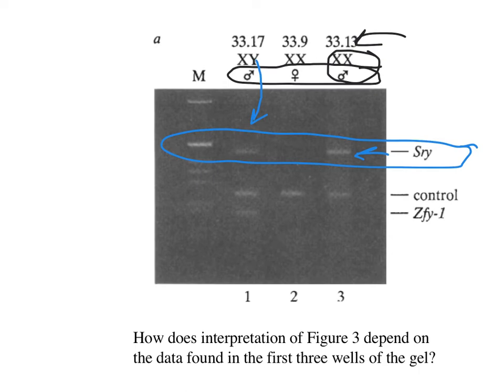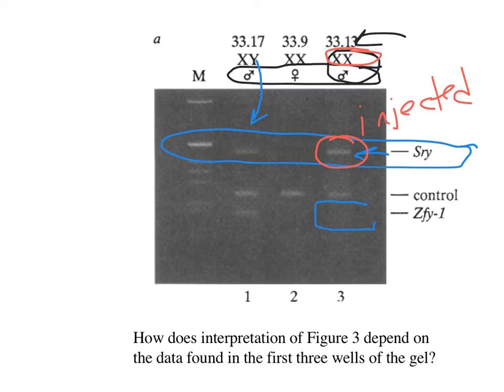Where did this SRY come from? This was the injected transgene, cisgene. So again, that's the XX, would have been female had they not injected the embryo with this gene and created a phenotypic male. So last point for this then, how do we know that that individual doesn't have a Y chromosome?